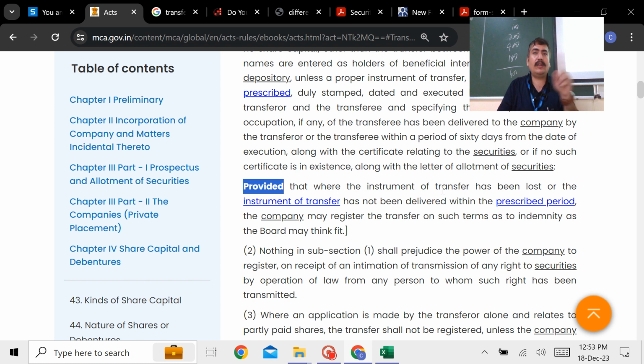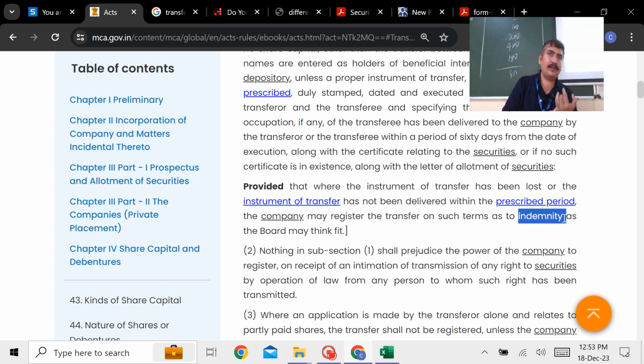So in case of loss, the company may allow the transfer relying upon the other evidence, demanding indemnity. Demanding what? Indemnity. What do you mean by indemnity? Indemnity stands for: okay fine, as far as the other evidence is concerned, like a police FIR. When you go to the police, mostly the case is genuine. Right?